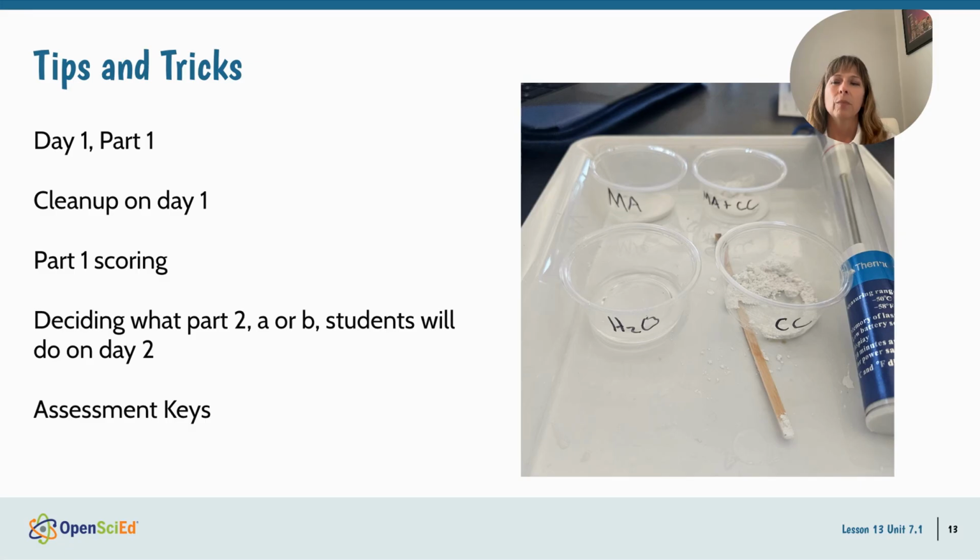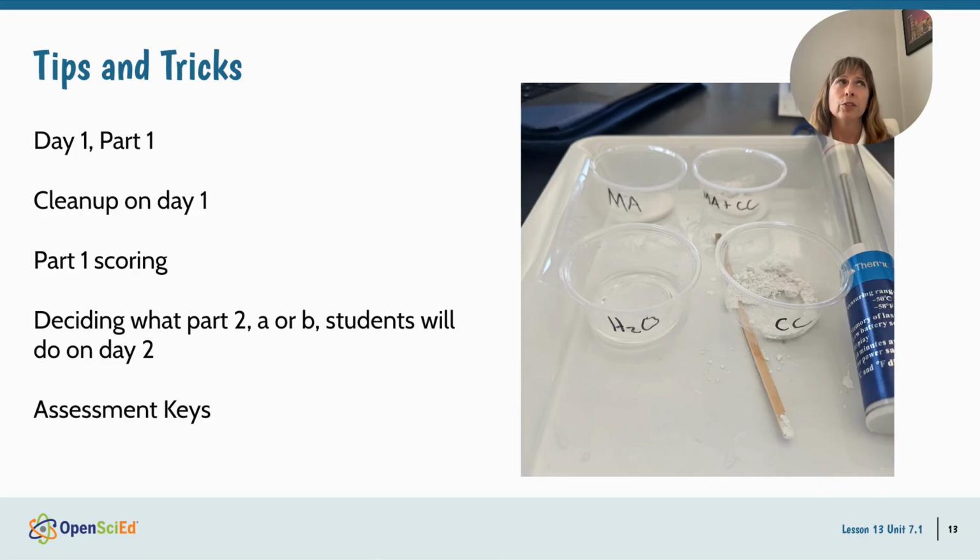As I stated, part 2B is slightly more challenging than part 2A, and when students are making a choice here, you have some options as well. You can have all students complete part 2A and use part 2B as a reassessment if needed. You can decide ahead of time who of your students will be getting A or B based on your student population, rather than giving them the choice or option.